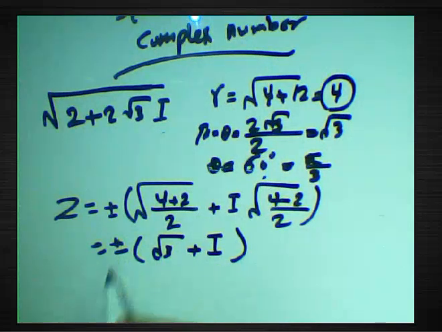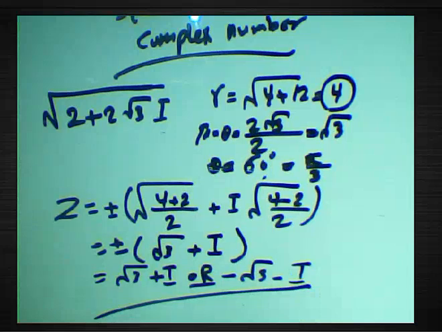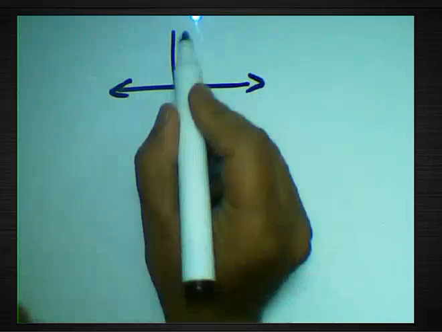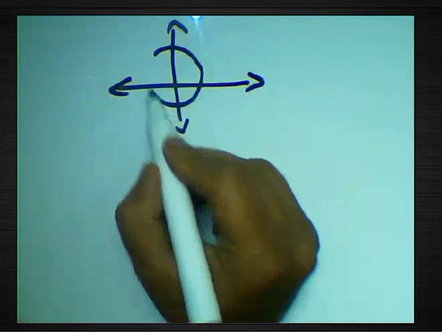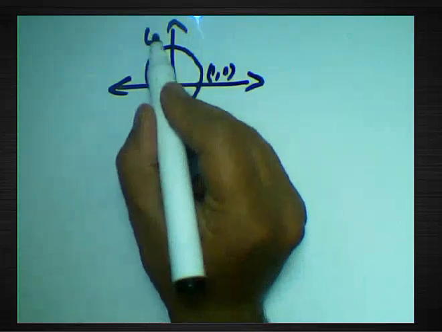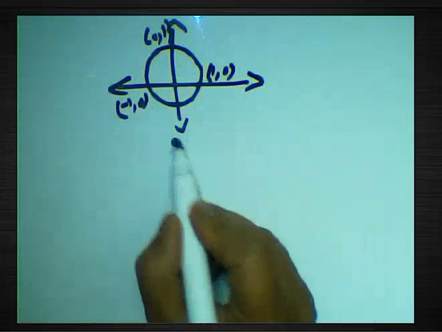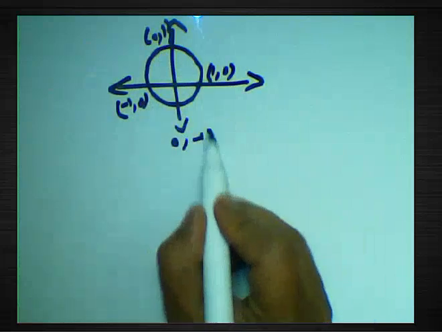Okay, and then you can complete: write positive this, or negative root 3 negative i. And look at the graph. If we have a circle here, we have the point 1 and 0, and 0 and 1, negative 1 and 0, and the point 0 and negative 1.